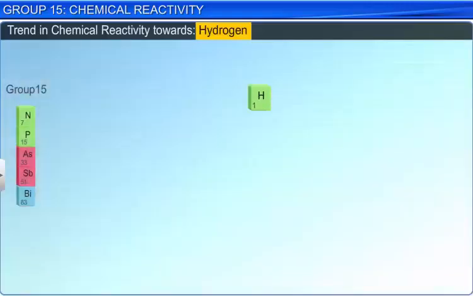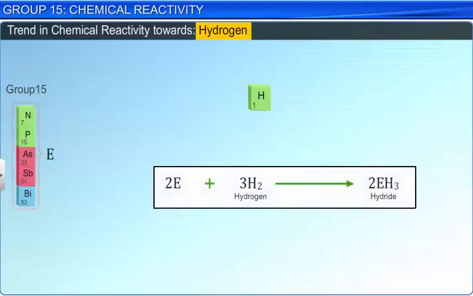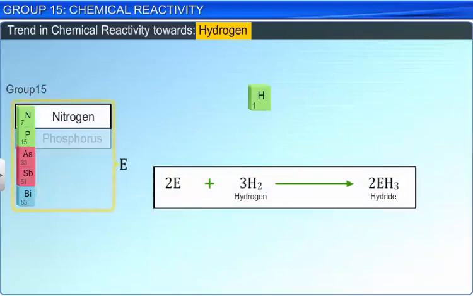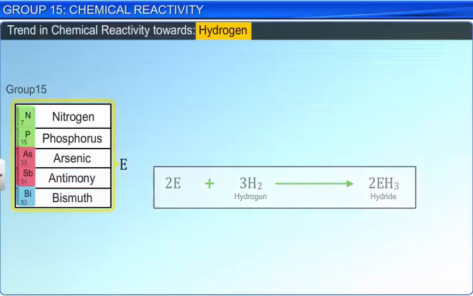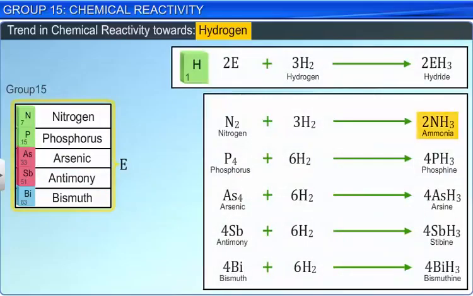All the elements of group 15 form hydrides of the type EH3, where E can be nitrogen, phosphorus, arsenic, antimony or bismuth. They are named as ammonia, phosphine, arsine, stibine and bismuthine.